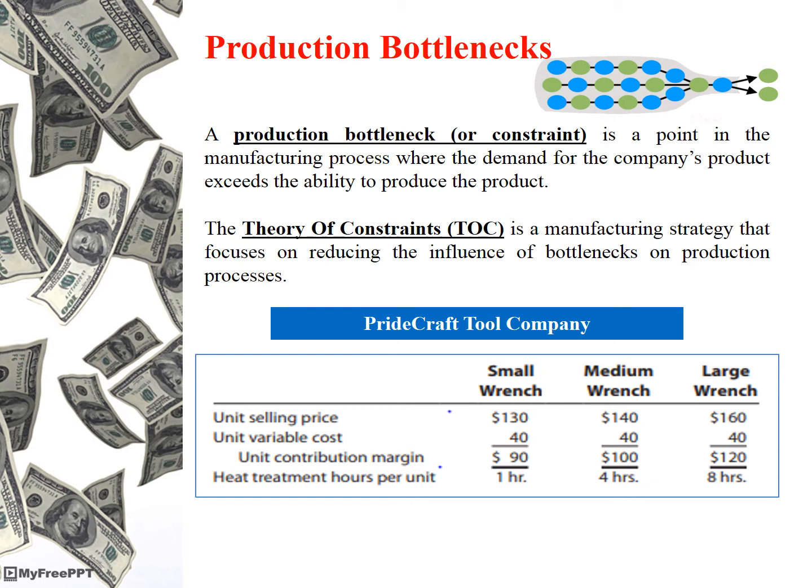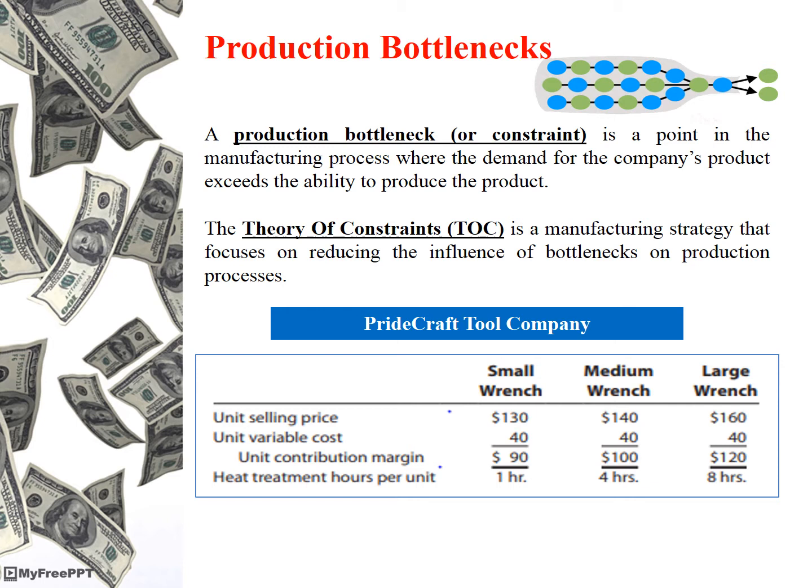However, the unit contribution margin can be misleading in a production bottleneck operation. In a production bottleneck operation, the best measure of profitability is the unit contribution margin per production bottleneck constraint. For Pride Graph Tool, the production bottleneck constraint is heat treatment process hours.